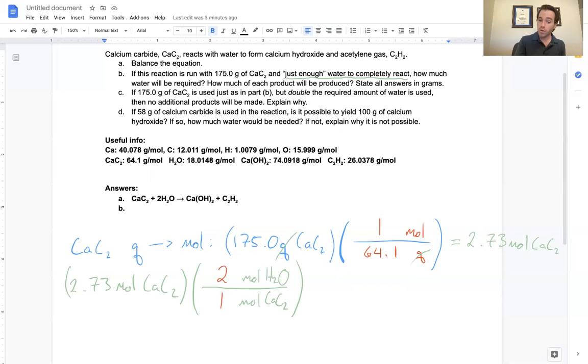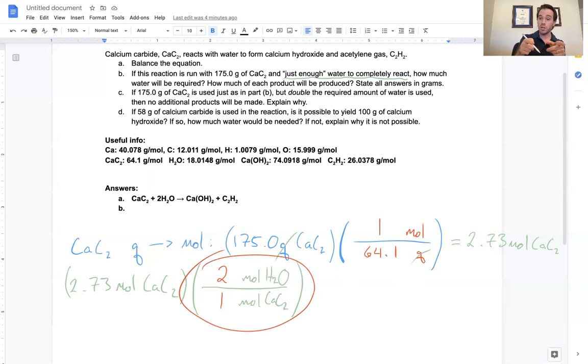See how it's another conversion. The 2.73 moles of calcium carbide, according to this equation, is equivalent to a certain number of moles of water. To find out what that number is, you multiply by another conversion factor that's equal to 1 for this specific circumstance. Just like 1 mole over 64.1 grams was equal to 1, as long as we were talking about calcium carbide, 2 moles of water is the same thing as 1 mole of calcium carbide.